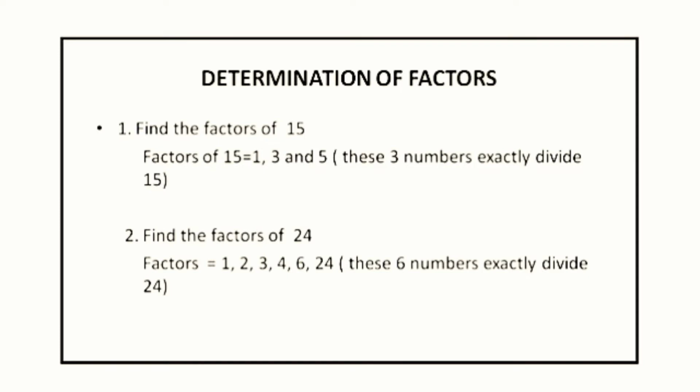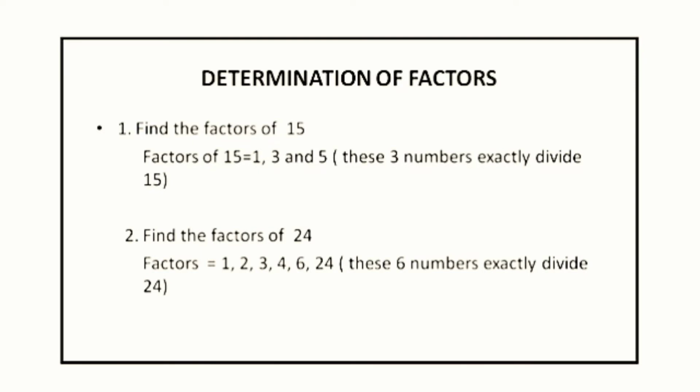This is because the number 3 exactly divides the number 15. And the third factor is 5. 5 is a factor of 15 because the number 5 exactly divides 15 and we get a remainder 0. Thus, 1, 3 and 5 are the factors of 15.